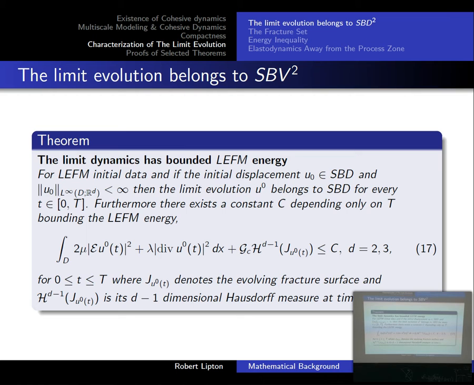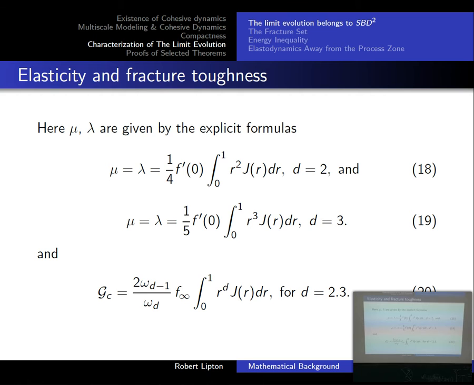Now notice we've gone from cohesive dynamics with softening bonds to a sharp model. And again, here's the data, here's the shear, and this is in dimension 2 and dimension 3. And again, we have that mu equals lambda in both cases because this is a two-point potential.